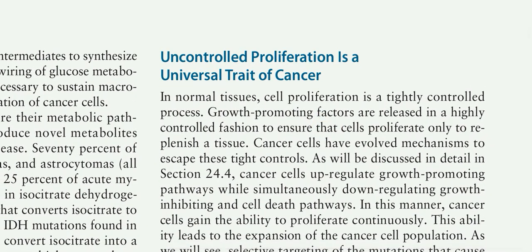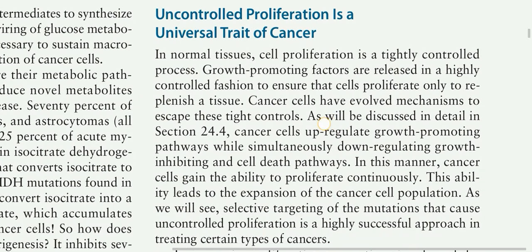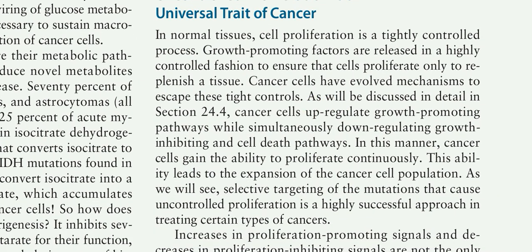Then, uncontrolled proliferation is a universal trait of cancer. We know that. In normal tissues, cell proliferation is a tightly controlled process. Growth promoting factors are released in a highly controlled fashion to ensure that cells proliferate only to replenish a tissue. Cancer cells have evolved mechanisms to escape these tight controls.